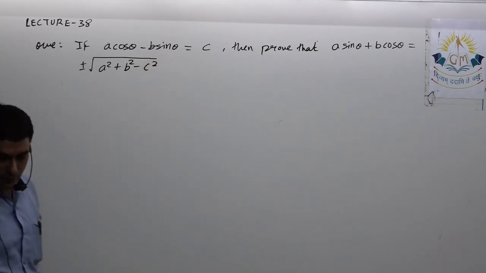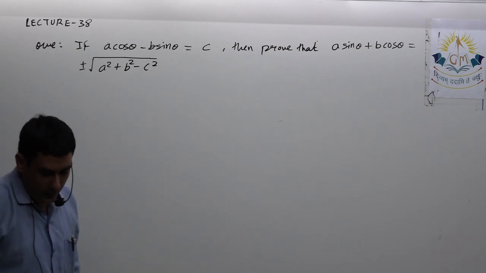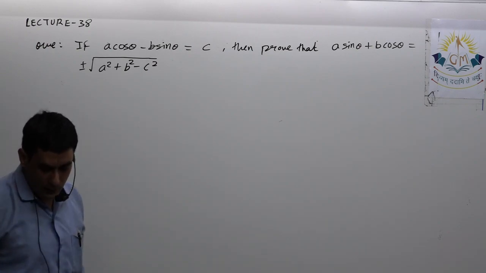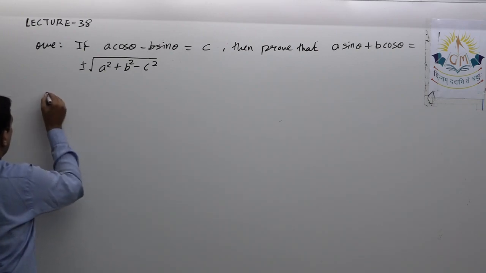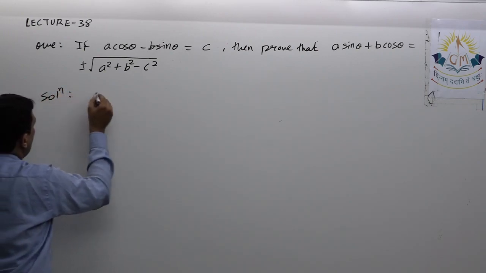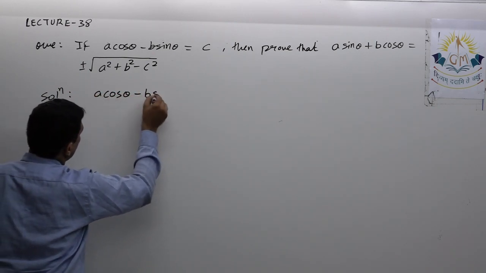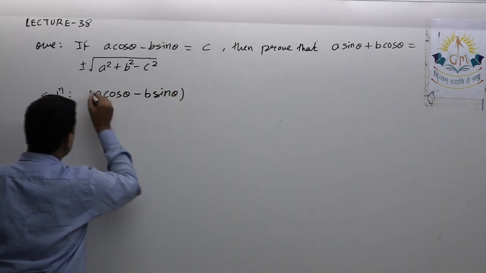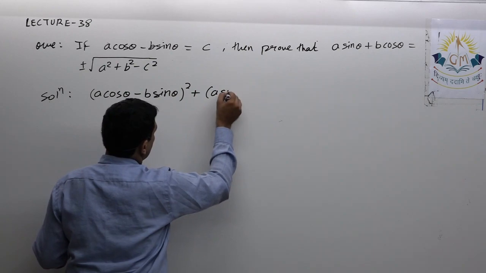Okay, it is given that a cos theta minus b sin theta equals c, and you have to find the value of a sin theta plus b cos theta. So let us see how to solve this. See, we have a cos theta minus b sin theta, so I will start with this. I will square this as well as I will square this.